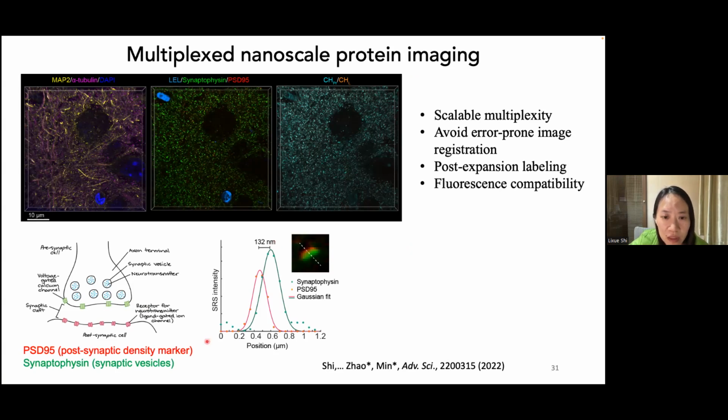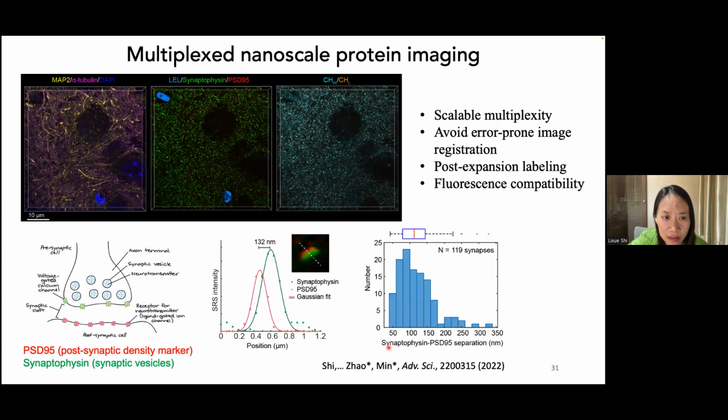For example, the separation between synaptic vesicle marker synaptophysin and post-synaptic marker PSD95 is clearly visualized, and we also quantitatively analyzed the distance, which is around 120 nanometers on average. This result is very close to the prior measurement of around 150 nanometers using super-resolution fluorescence imaging.